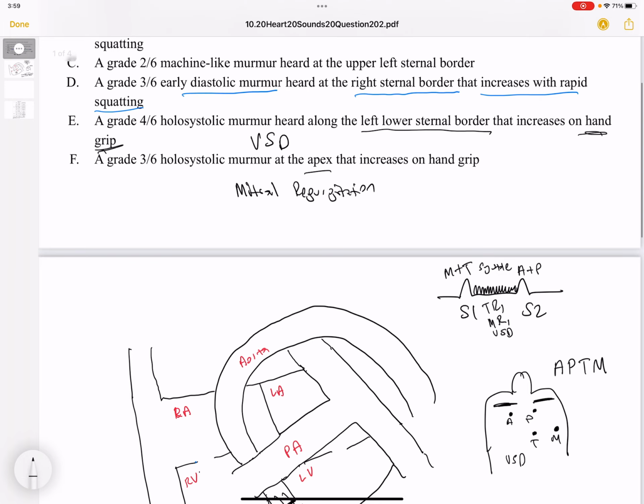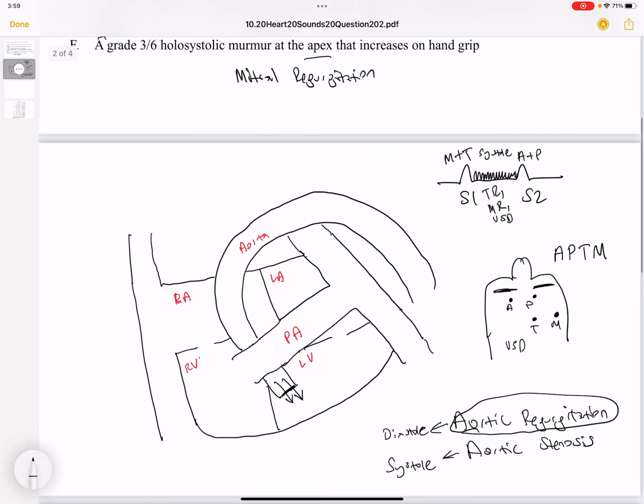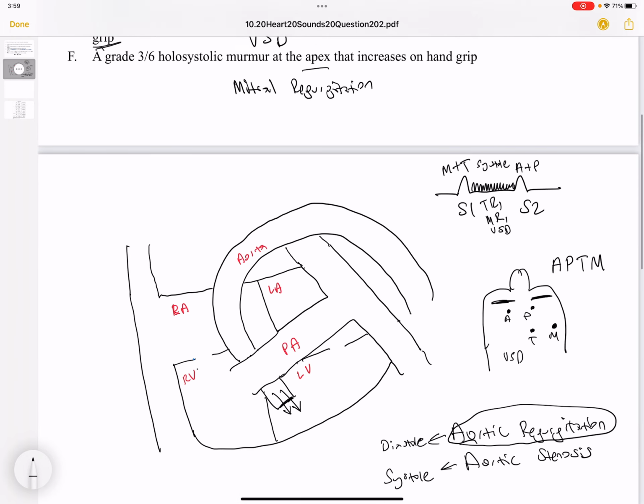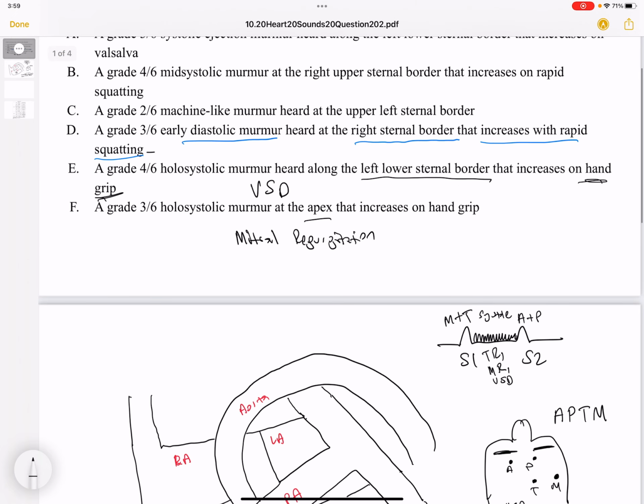This is going to increase with rapid squatting because squatting is going to increase systemic vascular resistance. If it increases systemic vascular resistance, then that is going to increase afterload, which means that the resistance against which the left ventricle is pushing the blood is going to be increased.